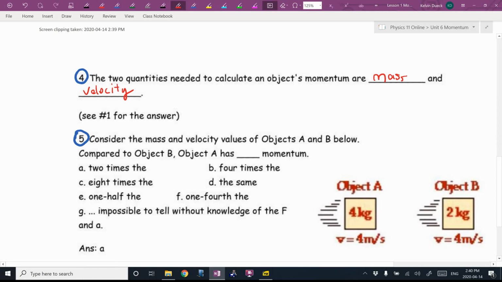If you just want the magnitude, mass and speed will work. Remember, speed is a scalar, 12 meters per second. Velocity is a vector. It would be good if there was an easy way to remember that speed is a scalar and that velocity is a vector. I got nothing. You'll have to come up with something on your own. Velocity is a vector, 12 meters per second north.